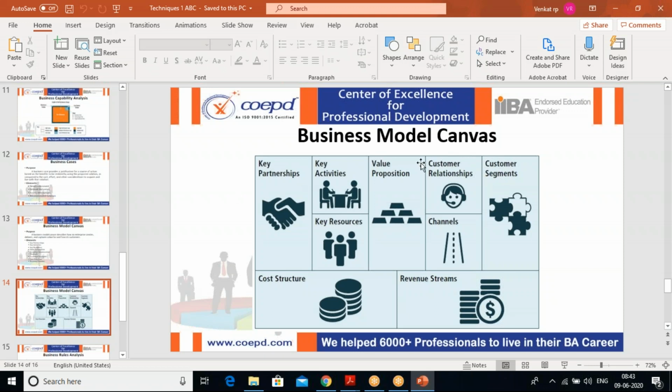Suppose you want to set up any business, you have to look into these areas. This we have to focus on.